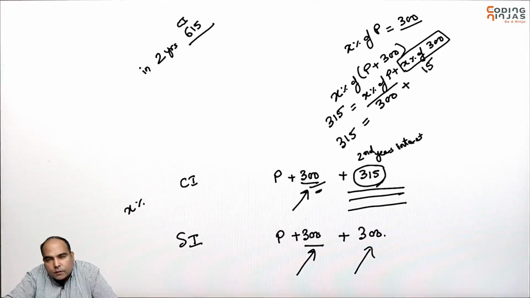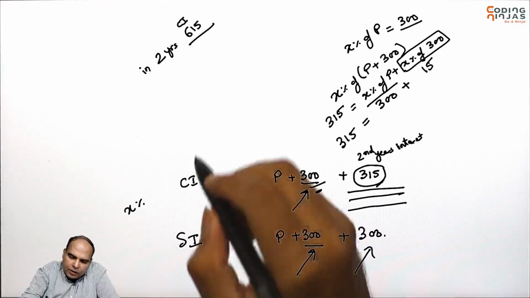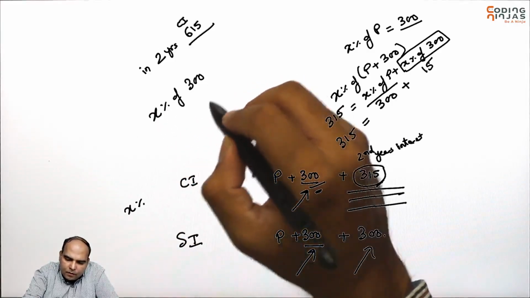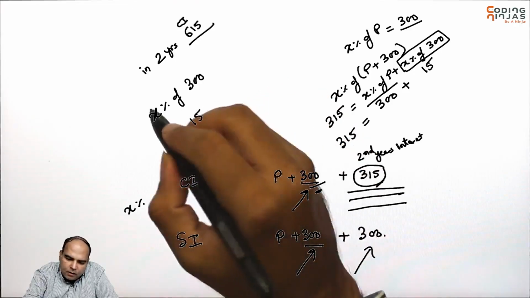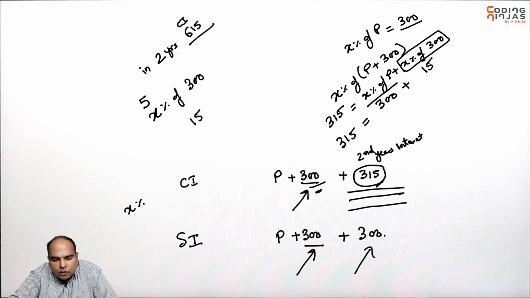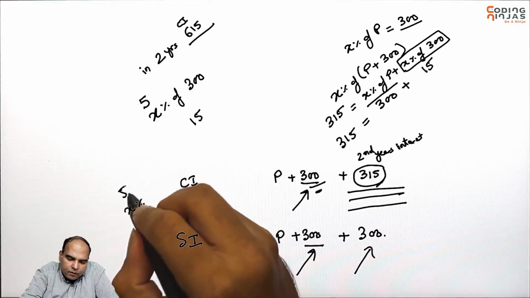That gives me the realization that X% of 300 being 15, the value of X can only be 5%, because that's the only way 300 can give you 15 rupees as interest. So the rate of interest charged is 5%.